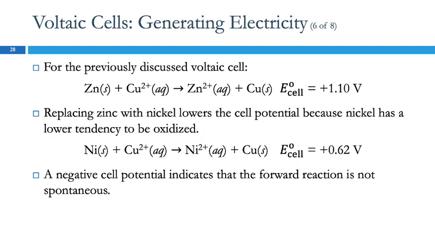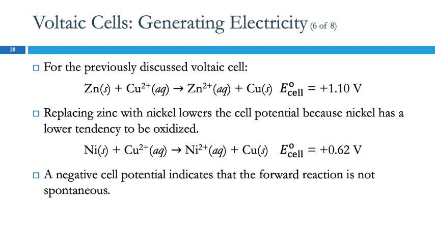If we change out the zinc and put nickel in, we're still going to get a spontaneous reaction, but the cell potential now is 0.62 volts, because nickel is not as willing to give up its electrons as zinc was.